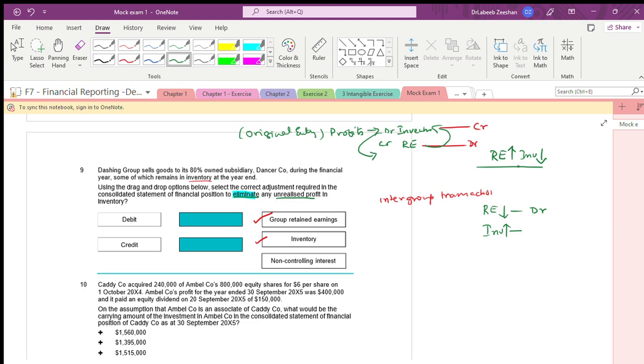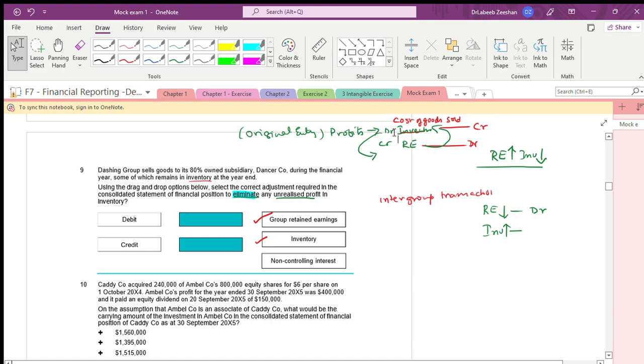Debit inventory, cost of goods sold. The inventory is otherwise called cost of goods sold. Cost of goods sold is debit and inventory is credit.